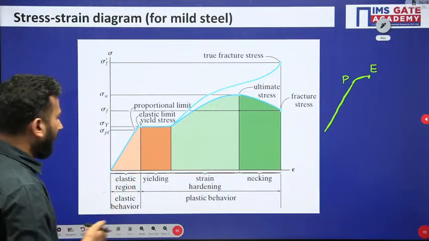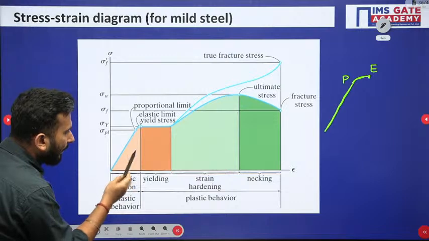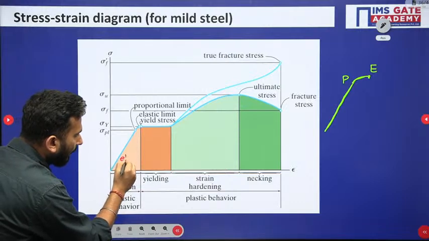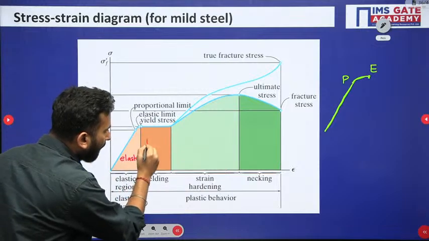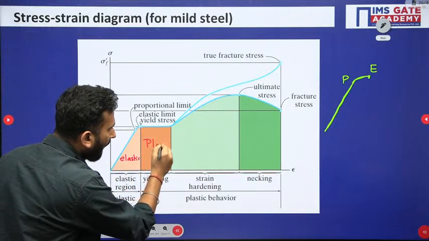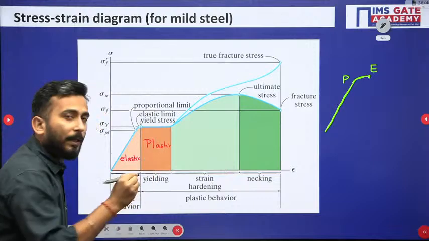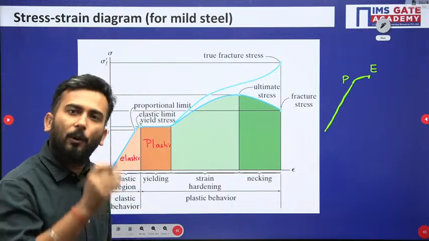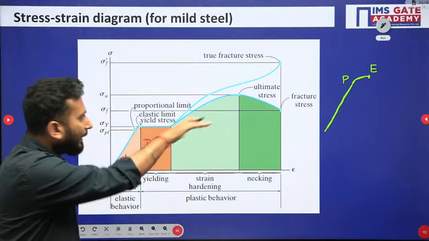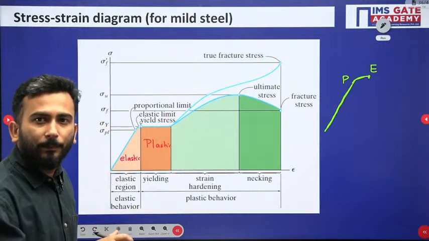This is the elastic region, and after this is the plastic region, because permanent deformation takes place, and the curve is kind of flat.